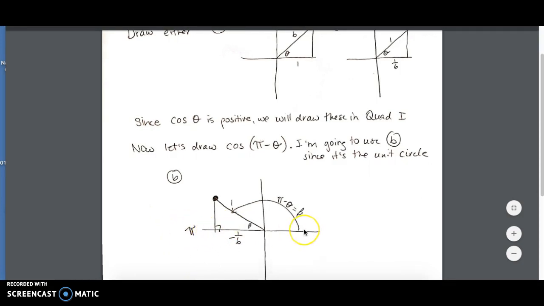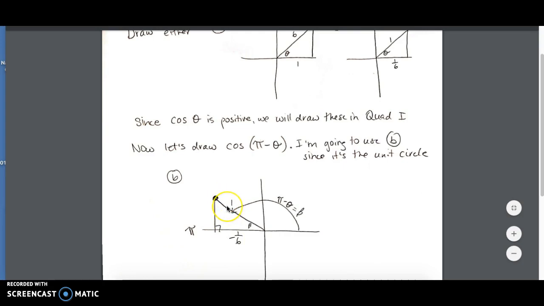Since I am simply reflecting it over the y-axis to represent pi minus theta, I can also use the same measurements for my reference triangle. But this time your x value is going to be negative since you're in the second quadrant.